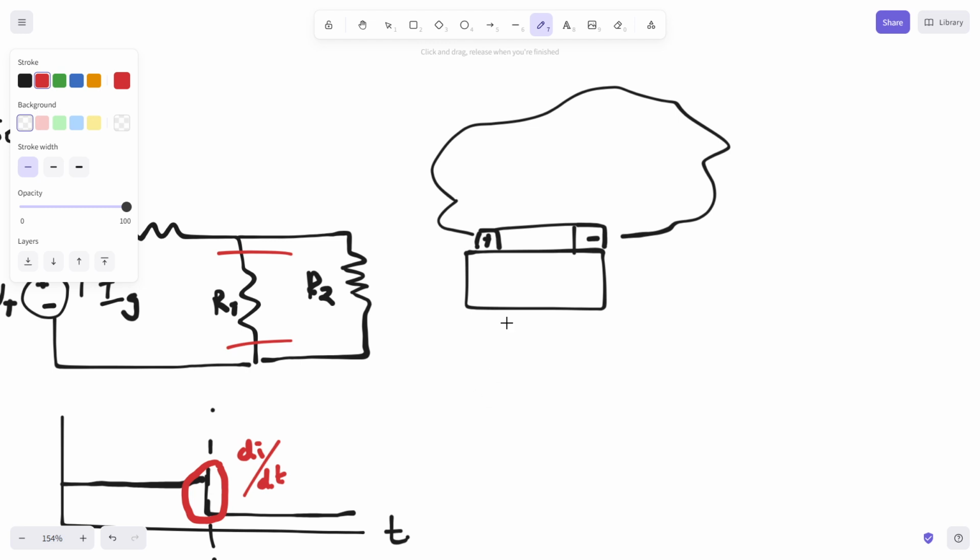That current is going to change, and if we draw this diagram out again, current versus time, that was relatively constant, and then you added in that short, well, suddenly that current's going to spike. And that's why if you short these two terminals, you have such a large arc. You have a flash of lightning that occurs at these two terminals, or at least at one of the terminals, because you have such a huge spike of current.